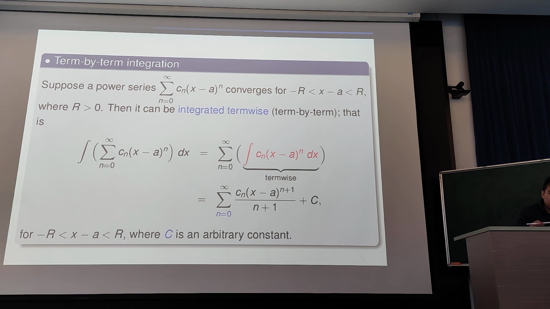That means if you want to integrate the power series, you can integrate each element of the power series and sum them up. You can see here it's a given series and we integrate it. You just need to consider this corresponding integration power series when you integrate each element of the given series.